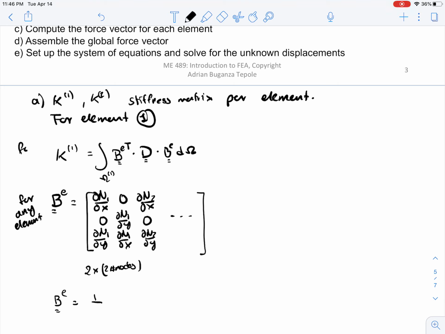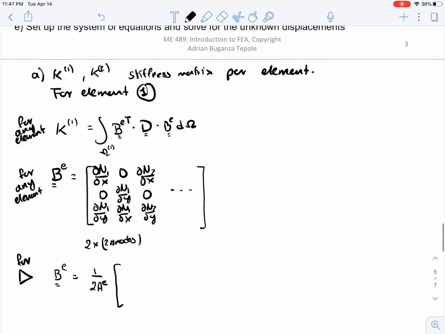So this is for any element. This is also for any element. And this is only for the triangle. So for the triangle, because you know the definition of the shape functions and you can take the derivatives, it's constant, then you just have 1 over 2 times the area, and this looks something like this.